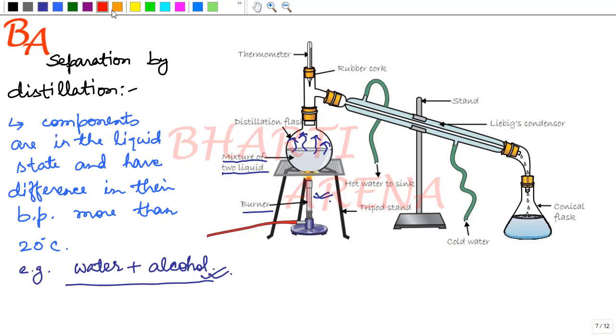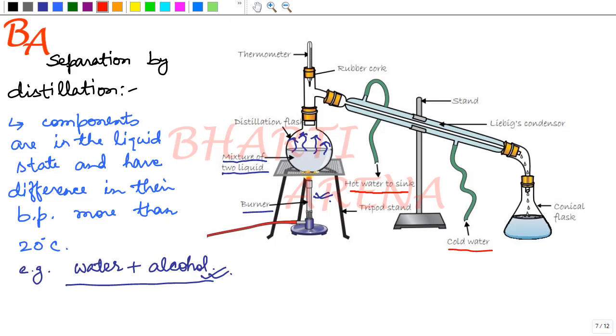And when it starts passing through this one, there is a condenser used here. In this condenser, cold water is injected through this pipe, and this injected cold water becomes hot and comes out from this pipe.